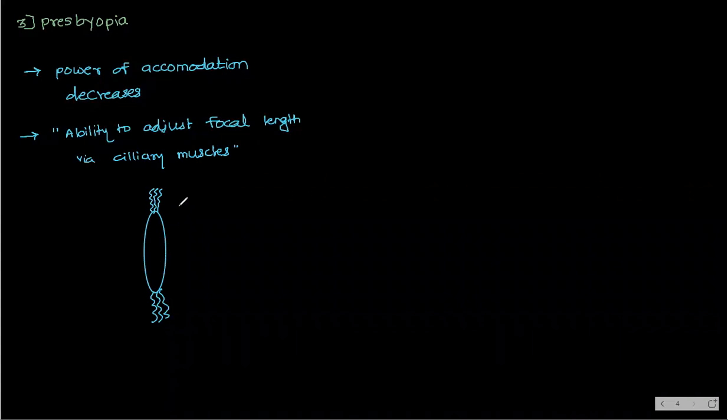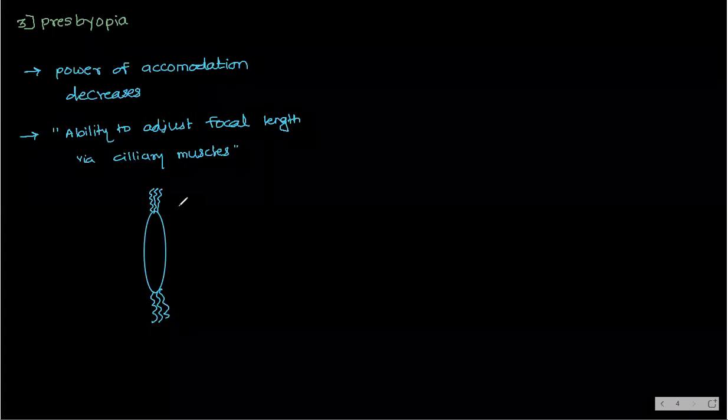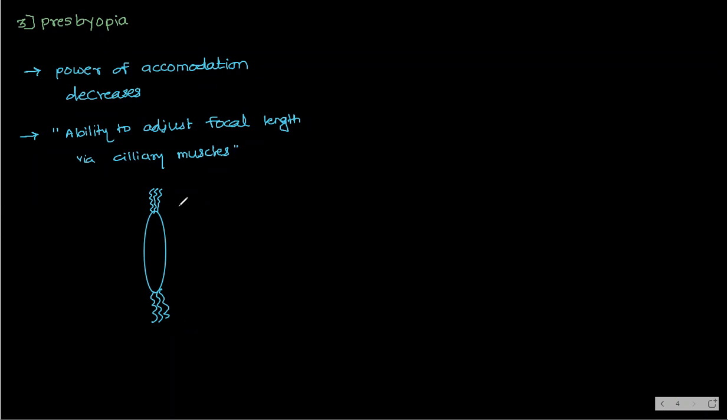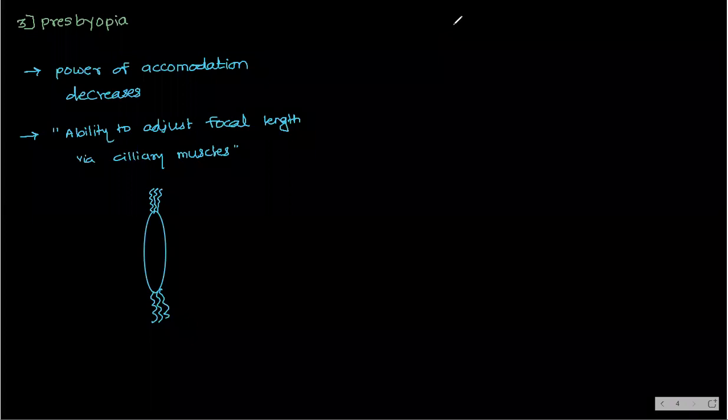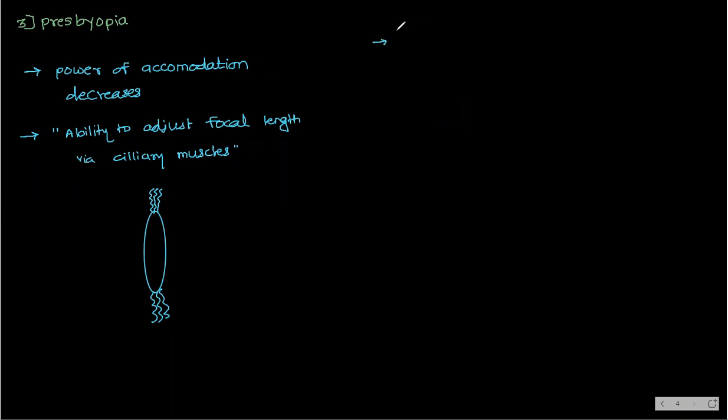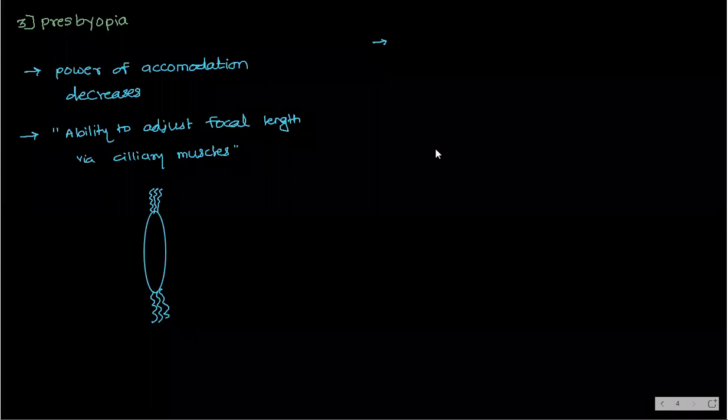And this ability of adjusting focal length is called power of accommodation. And this power of accommodation decreases due to old age, or whatever the reason, and that defect is called presbyopia.